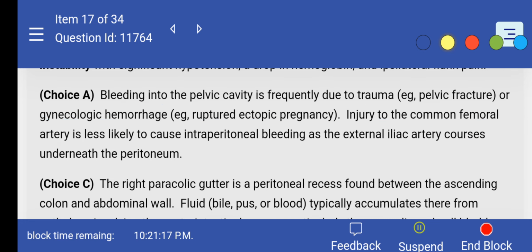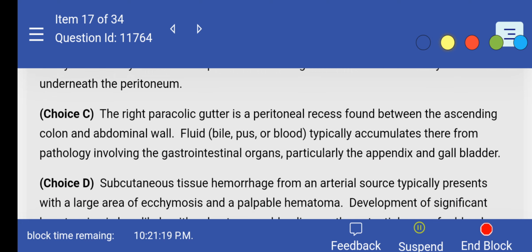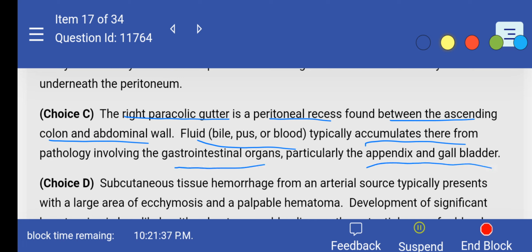Option C, the right paracolic gutter is a peritoneal recess found between the ascending colon and abdominal wall. Fluid, for example bile, pus, typically accumulates there from pathology involving the GI tract, particularly the appendix and gallbladder, right?